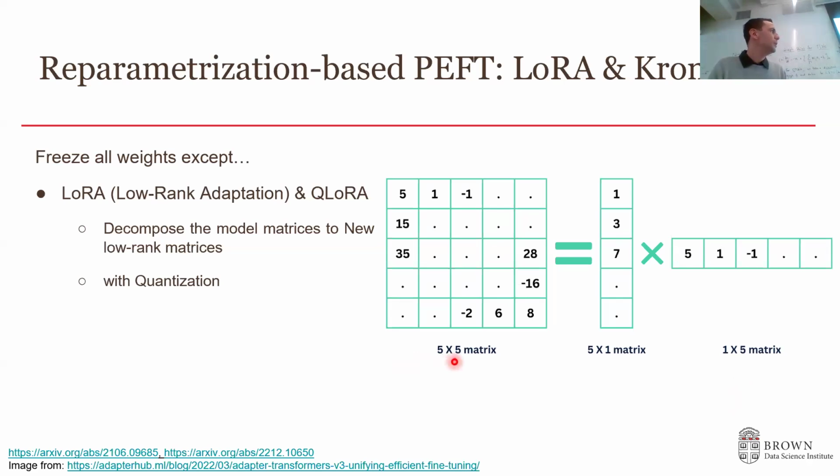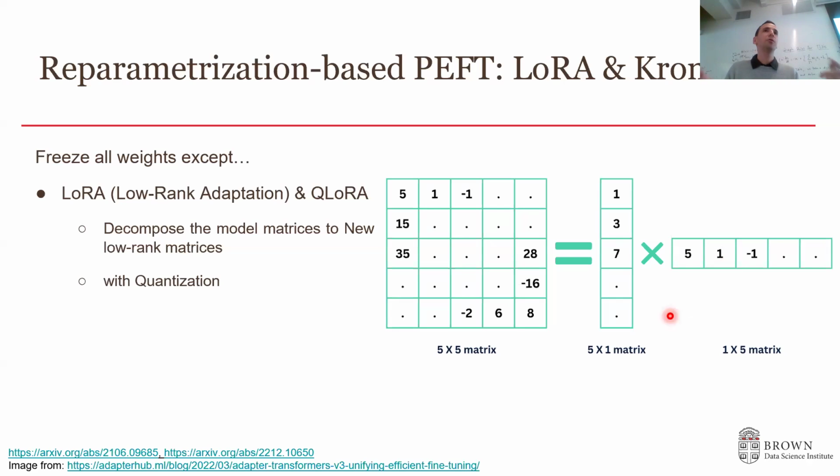It's easier to train two 5x1 and 1x5 matrices than a 5x5 matrix. Of course, we add noise because it's an approximation, but it dramatically reduces the computation and memory we need, because we only load those into memory.